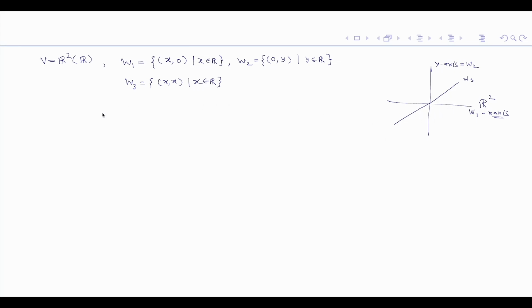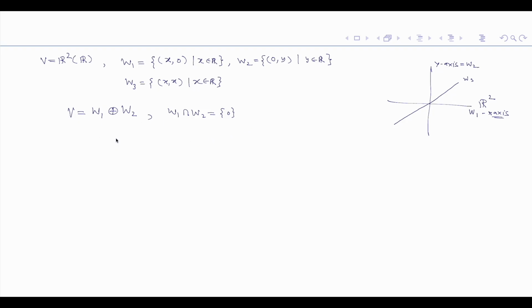So V can be written as W1 direct sum W2. Why? Because W1 intersection W2 is only the zero vector, which is (0, 0). So this is one of the direct sums.